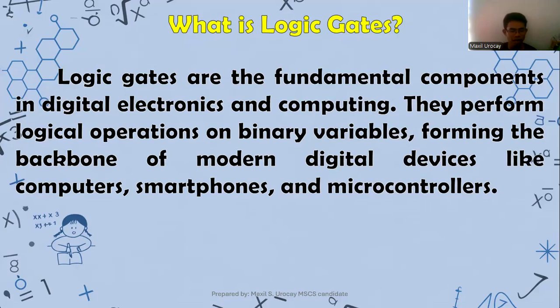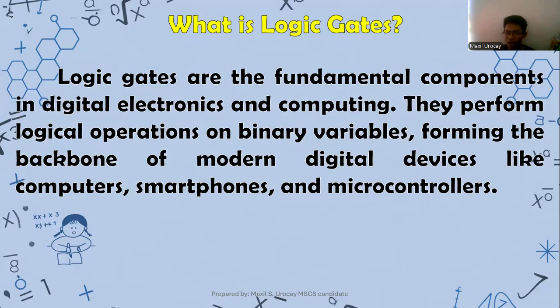So as stated, logic gates are the fundamental components in digital electronics, and they perform logical operations using binary inputs, which are either zeros or ones, represented in our propositional logic as true or false statements, which signifies that one is true and zero is false.